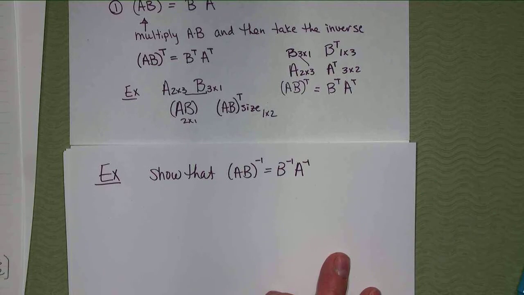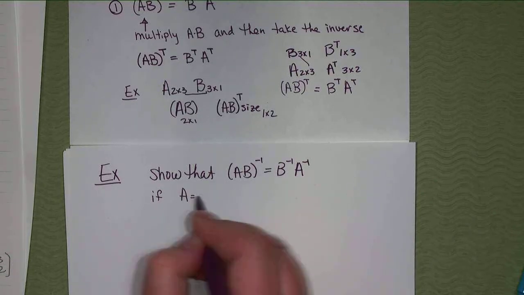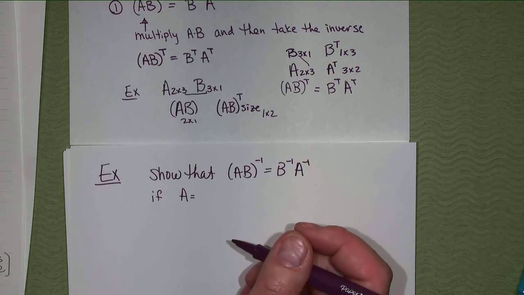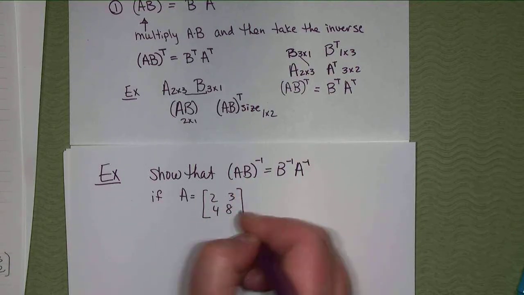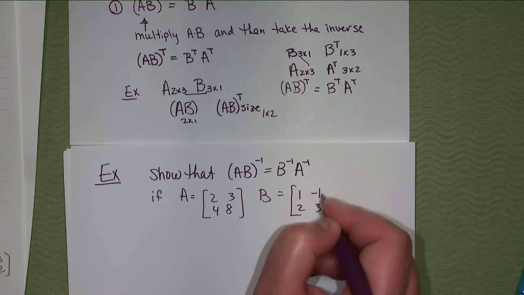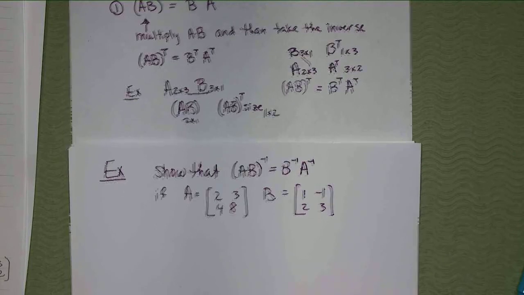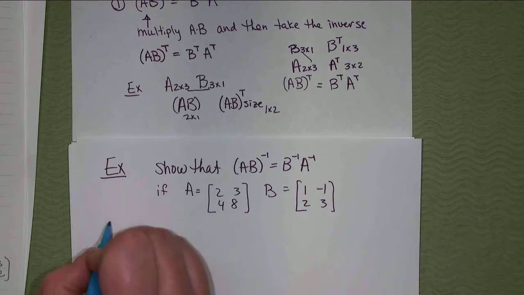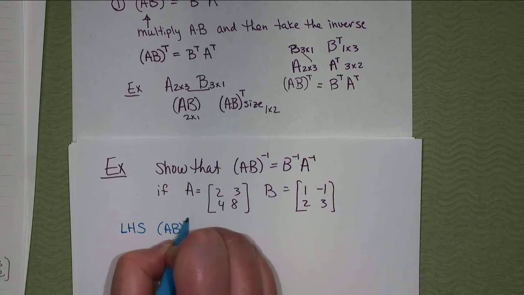You could be asked to show that if A is equal to, so here's an A and a B. So the left-hand side, AB inverse, says find AB first.